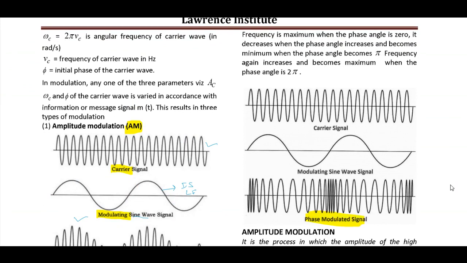This is the carrier signal. The carrier signal is a high frequency signal. Now its phase is to be varied. This is the modulating sine wave signal, and here is the phase modulation signal. So we have just gone through the basics of types of modulation.